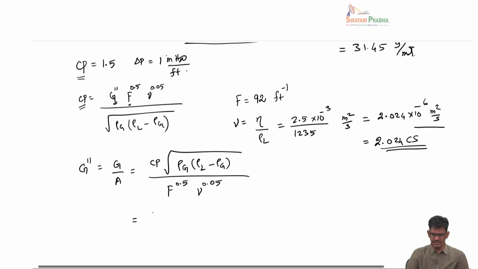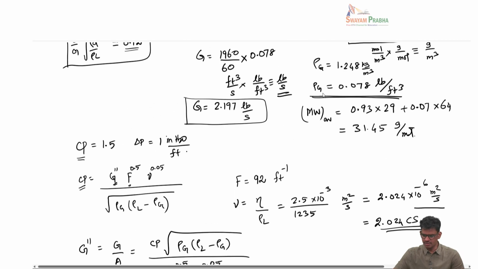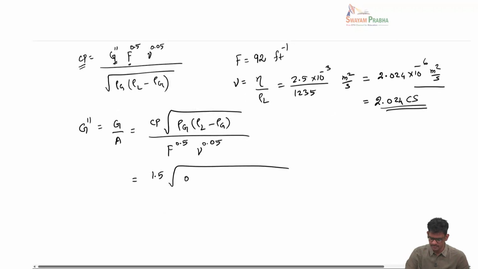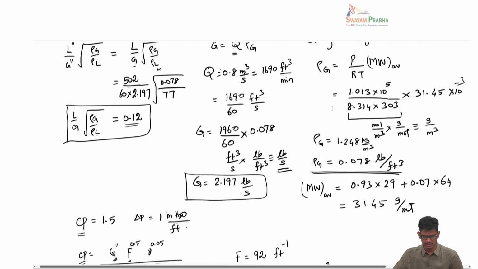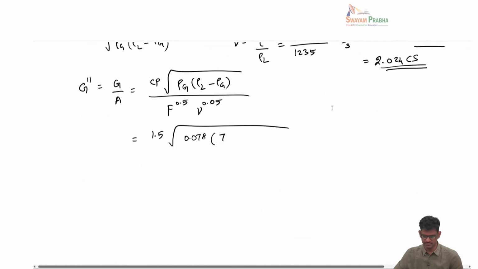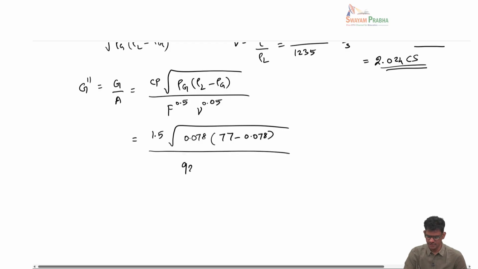Capacity factor is 1.5, rho g is 0.078, rho L is 77, F is 92, and kinematic viscosity is 2.024 power 0.05.